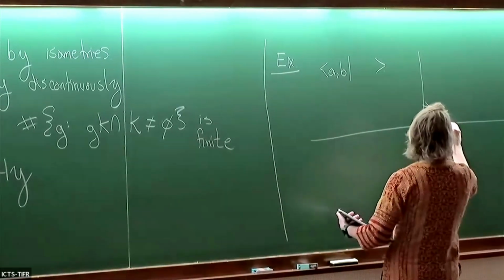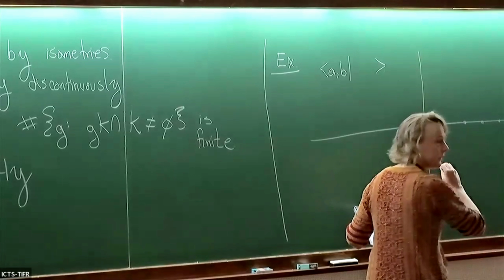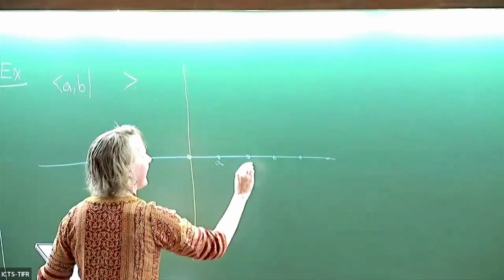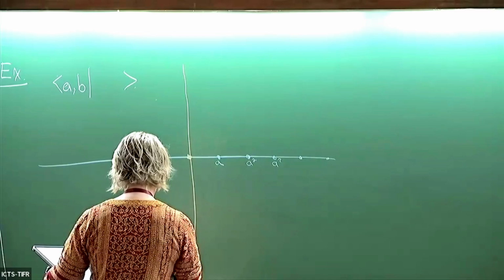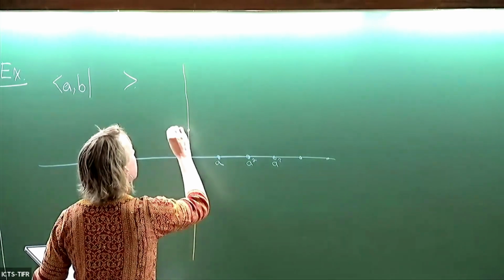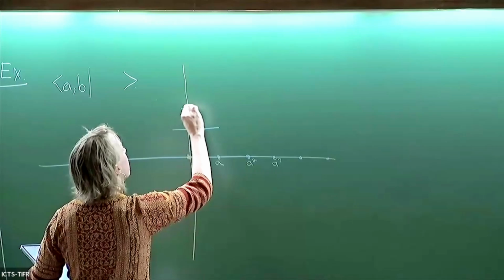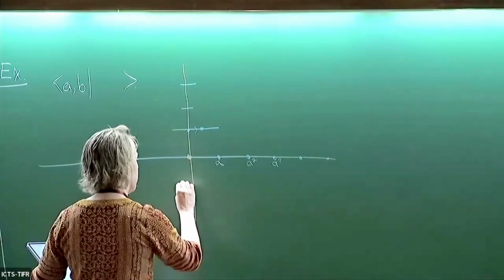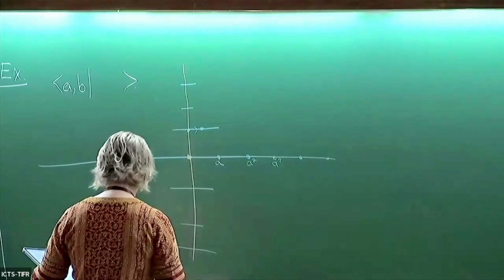I can label the points of this infinite telephone pole. So these are all going to be A's, and these are all going to be B's.